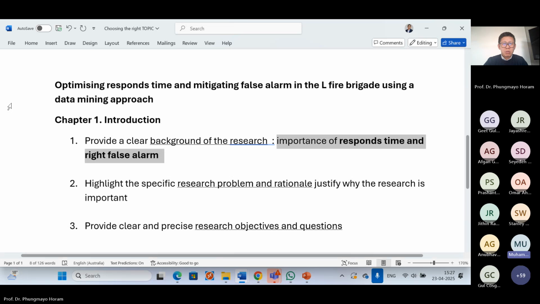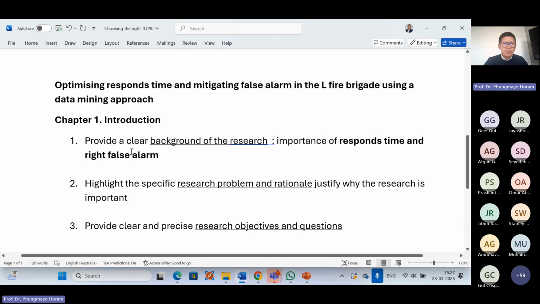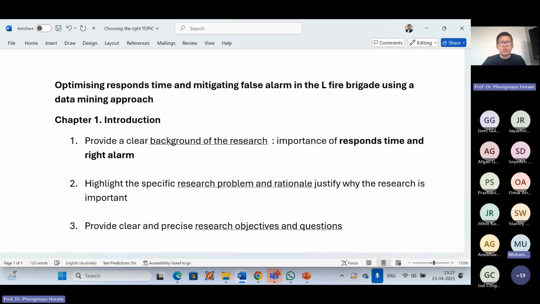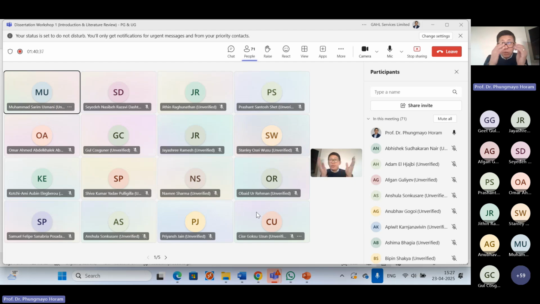Importance of response time and right alarm system. In your background, you're giving information about how a fire brigade system works, you can tell a story, a little background about how critical the response time is, and not wasting time, resources, and all that. It's very important, so you are giving the background.